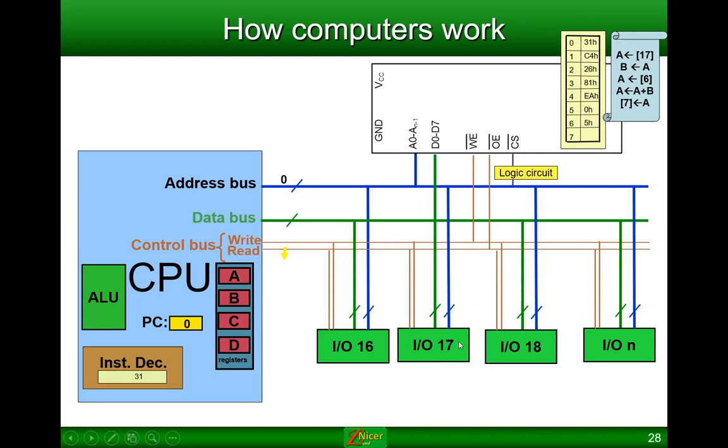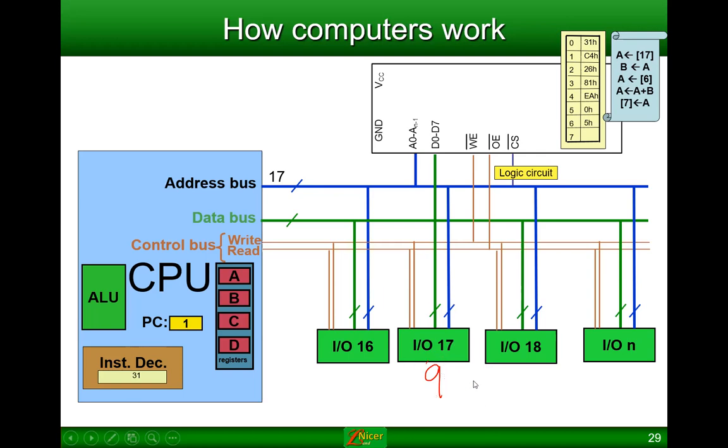Let's have a look at how it works. The program counter will become one. It means this is the first line that will be executed. Let's say the data stored at the 17th line is 9.